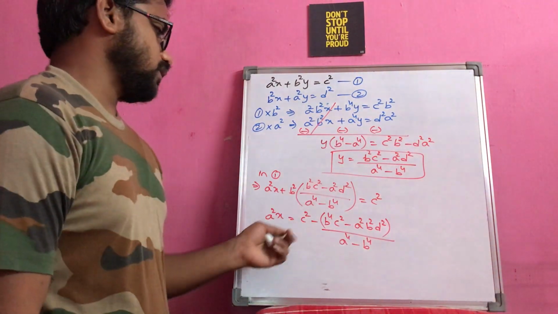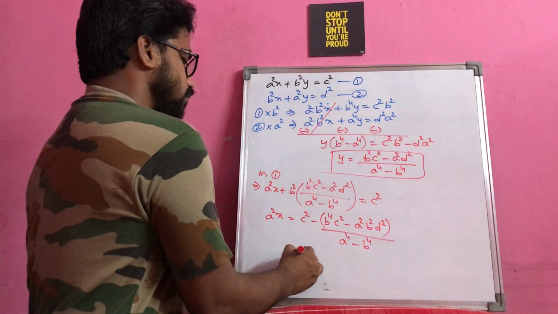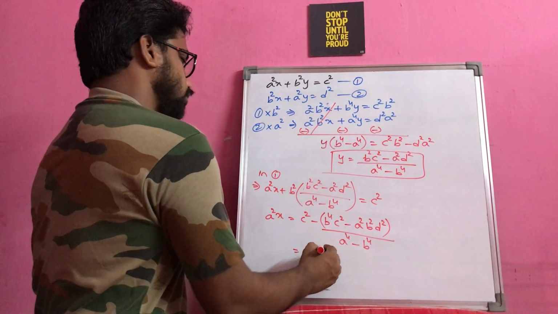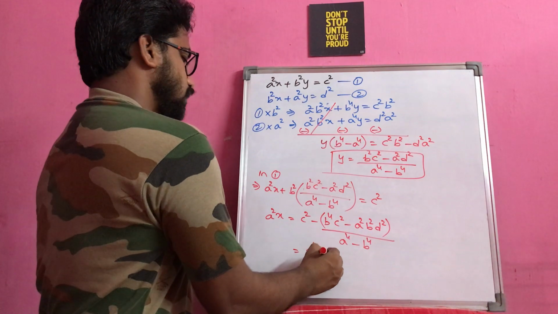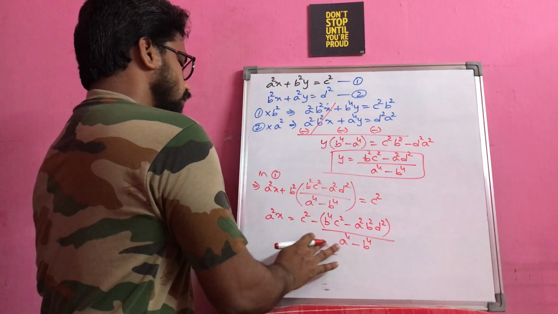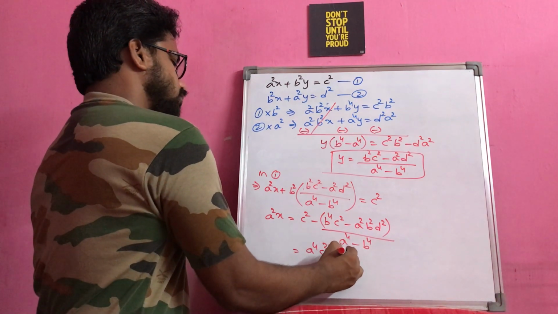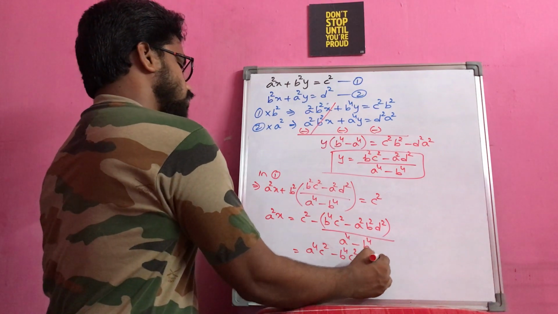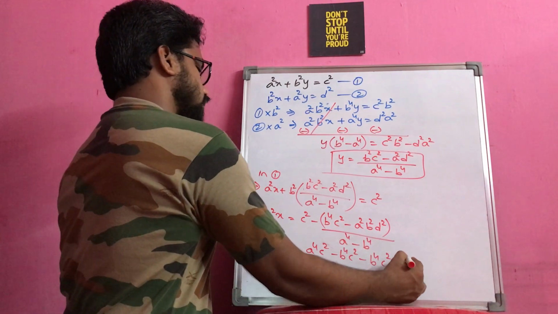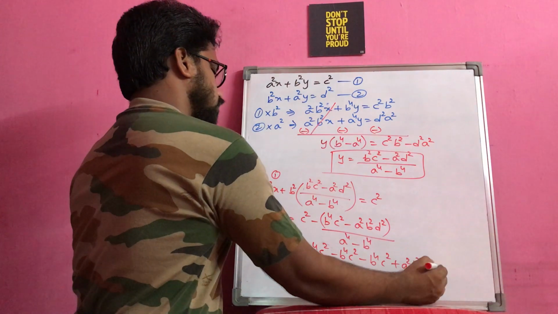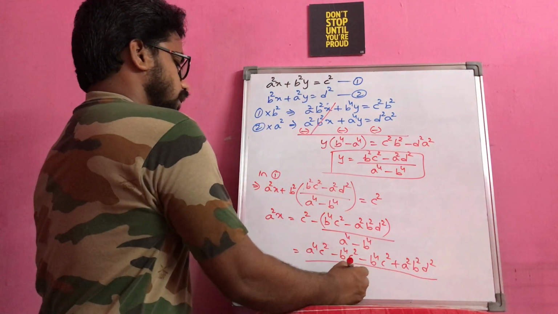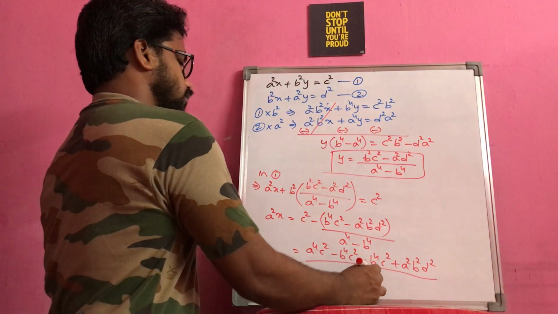Now I will do this multiplication by taking the LCM. So I will be getting a power 4 c square minus b power 4 c square minus b power 4 c square plus a square b square d square, whole divided by a power 4 minus b power 4.